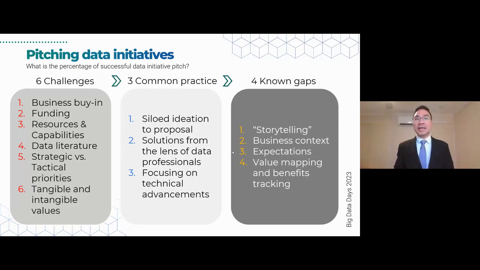Why did I put down the words business buy-in, not just buy-in? It is because of perception. Most of the time when we talk about data initiatives, we put on the hat of a technician, of a data scientist, of someone who has the tools and a deep understanding of the data structure. However, we forget that the people on the other side of the table, the business, work with data, but they work with the outcome.